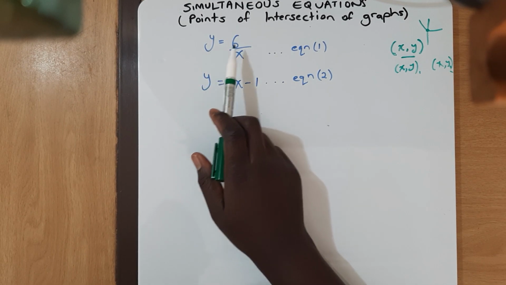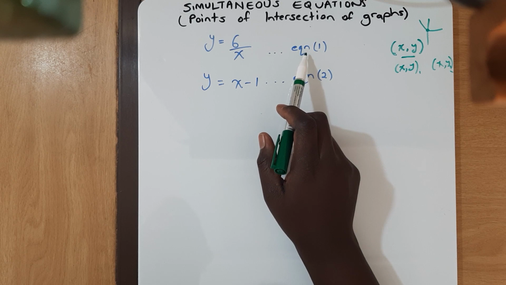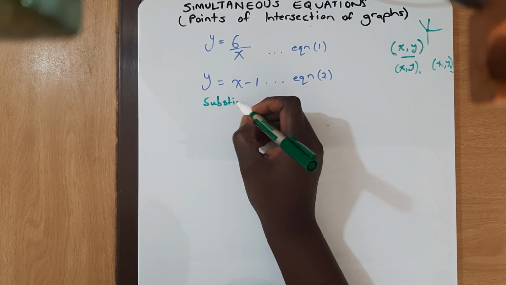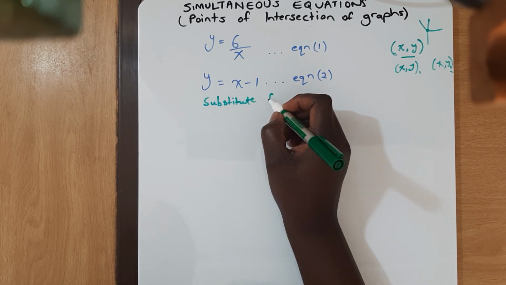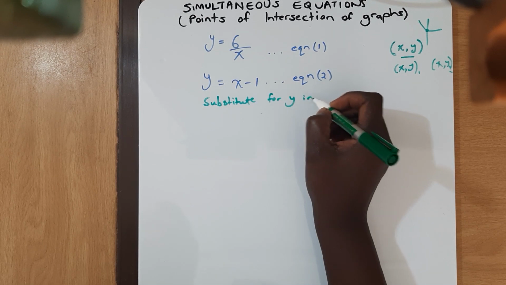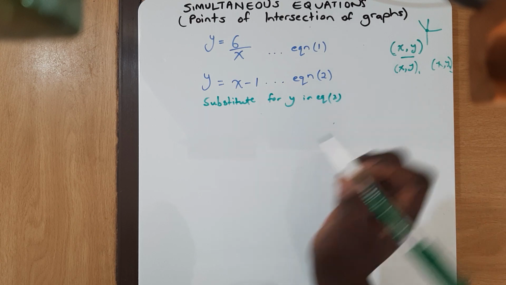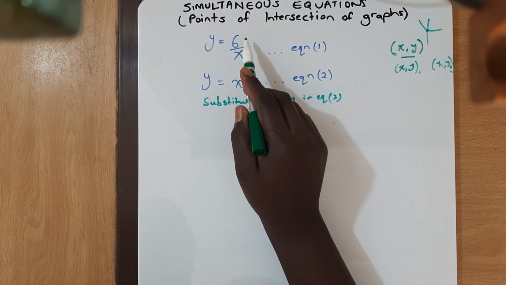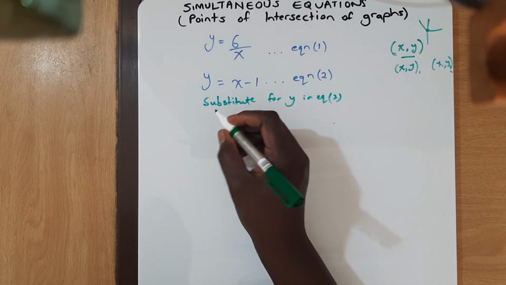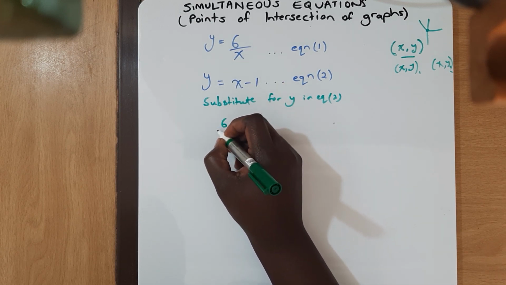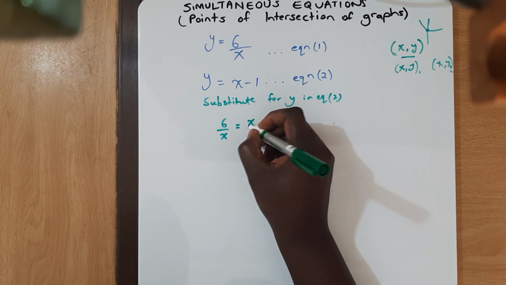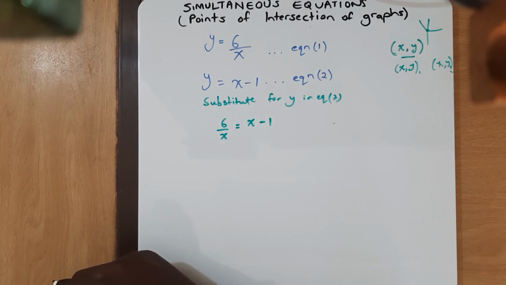So since y is equal to 6 over x in equation 1, we substitute for y in equation 2. So where there is y in equation 2, we'll put 6 over x. So we have 6 over x, which is this, equals x minus 1.